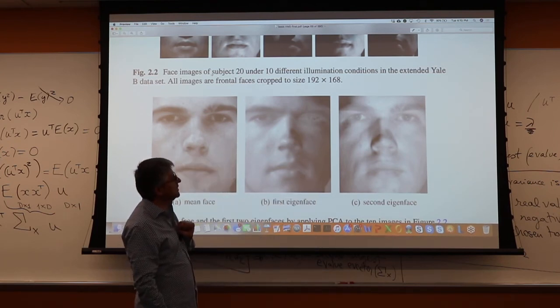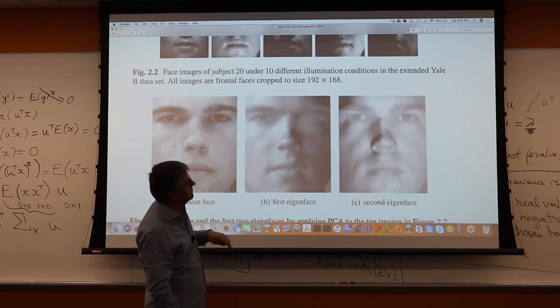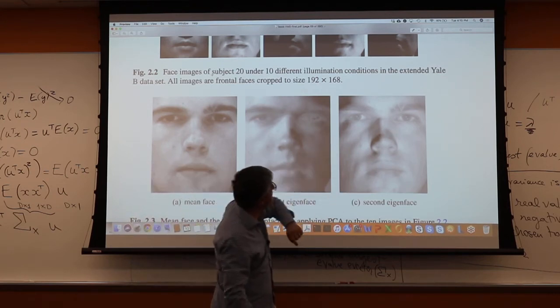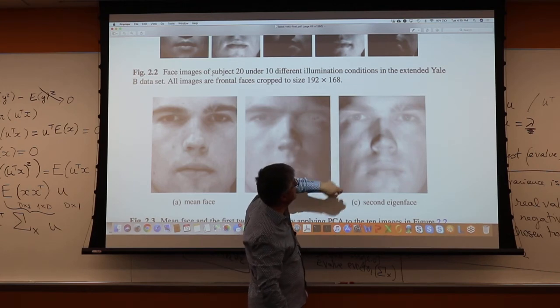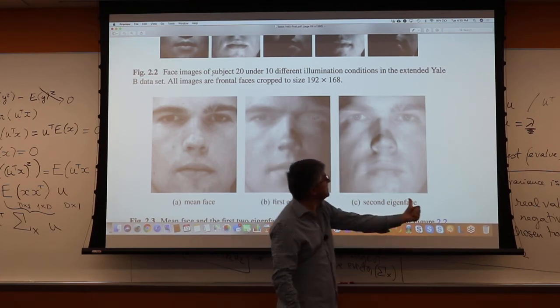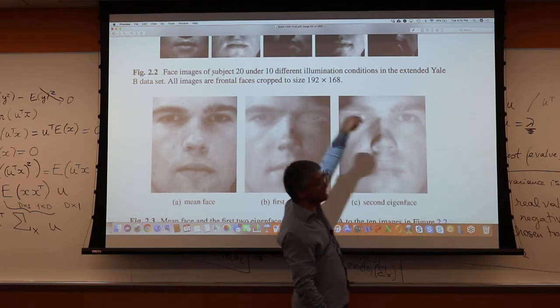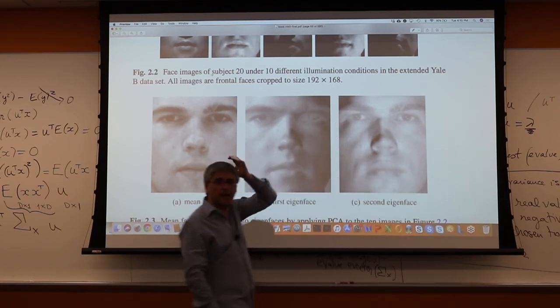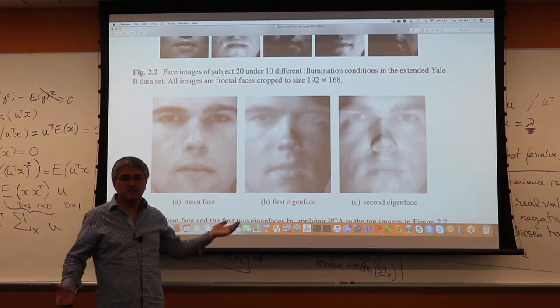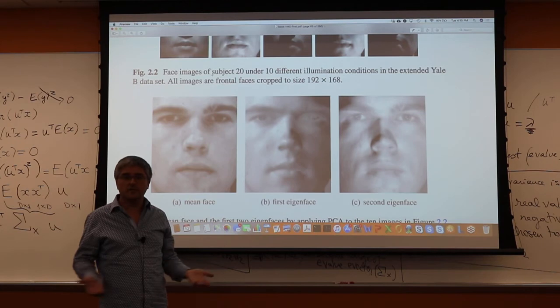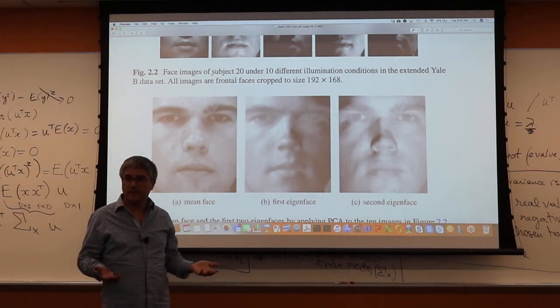What does this other one look like? Well, maybe it's from a different angle. But again, you can see that it's darker there in the corners. It's darker on this side. So probably maybe the light is coming either from this direction or from the top. It's not entirely clear. But roughly speaking, it simply captures 2 key distinct lighting directions, because that's where the variability of the data is. Okay?